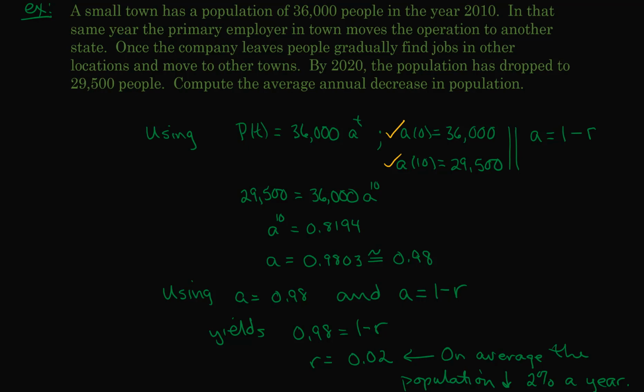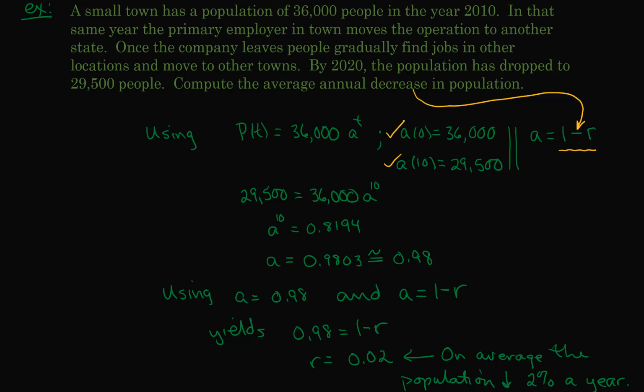We also know that A is defined as 1 plus or minus R. Since we are decreasing, we're going to be using minus. In the first problem we worked with the interest being compounded, the value was increasing, so we used the plus sign. Here we're going to use the minus sign.